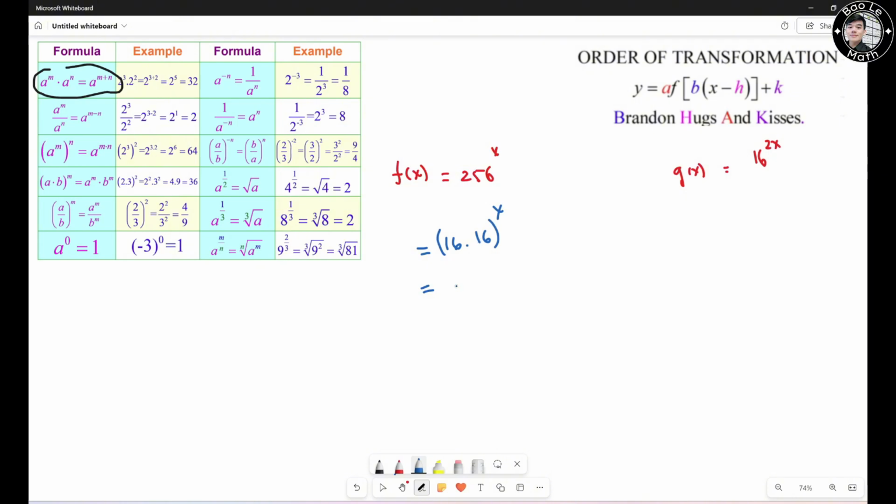So 16 times 16, which means 16 squared all together raised to the s. And then we're going to apply the formula right here. So it's going to be 16 raised to the 2 times s, and this is exactly right here. So f of s and g of s, they're both the same. Now let's move on to the next example.